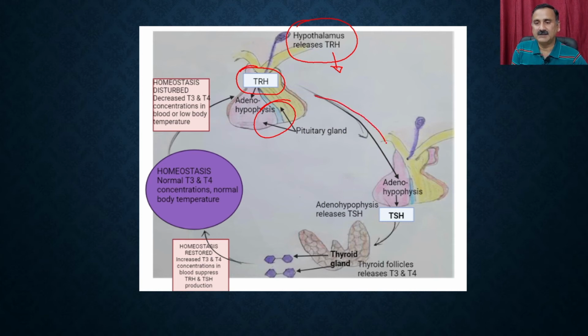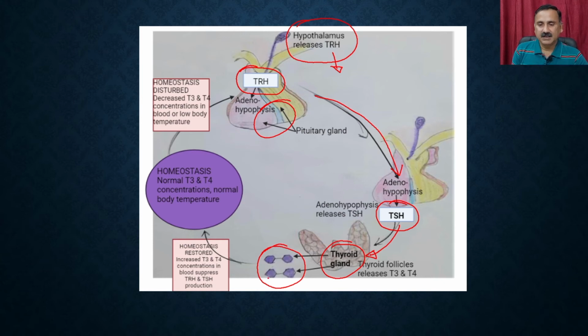So, the pituitary gland is going to release the TSH, which is called the thyroid stimulating hormone, and the TSH is going to have receptors in the thyroid glands, and these thyroid glands are then going to release the T3 and T4. These T3 and T4 are going to have the function of regulating the metabolic pathways, as well as having a role in maintaining calcium metabolism.